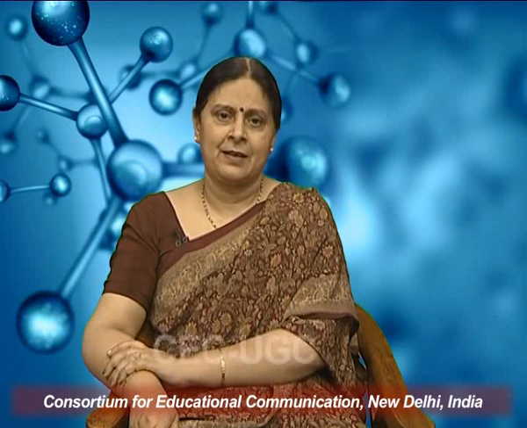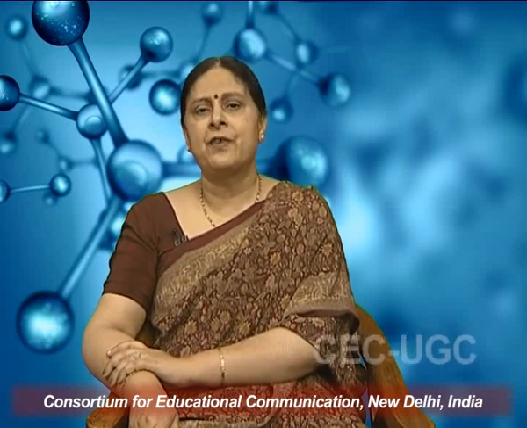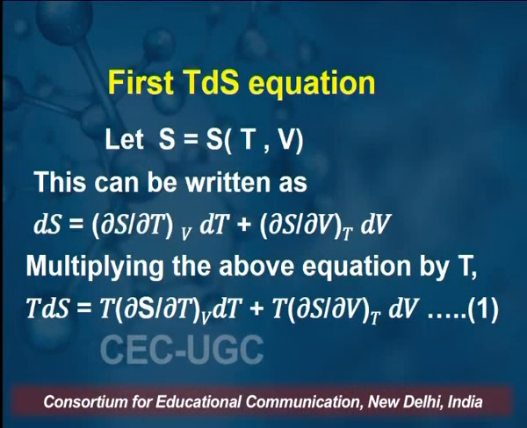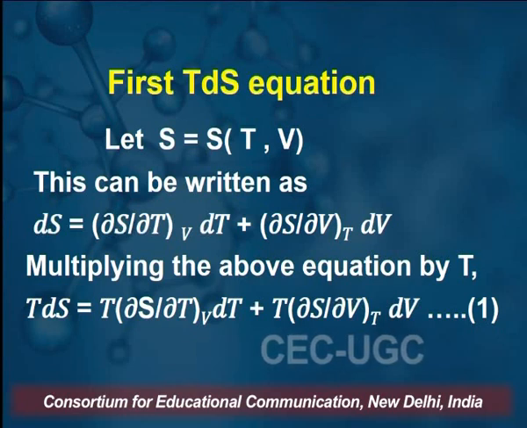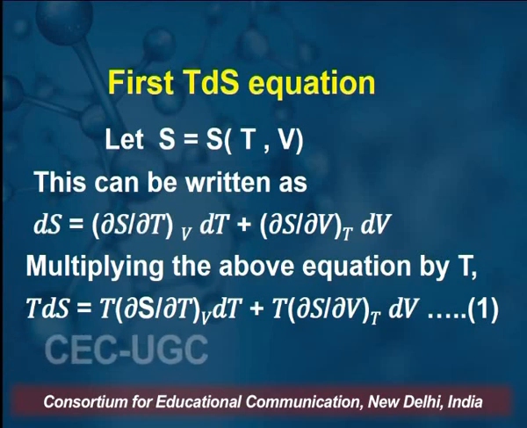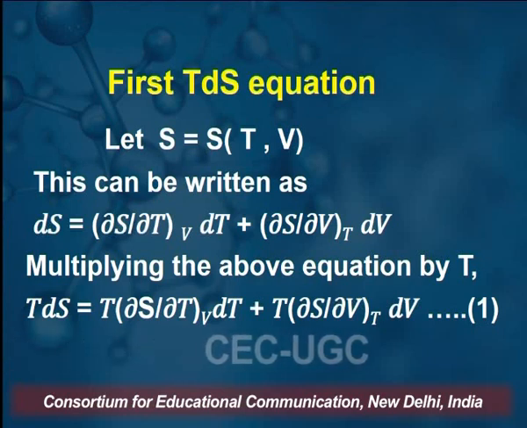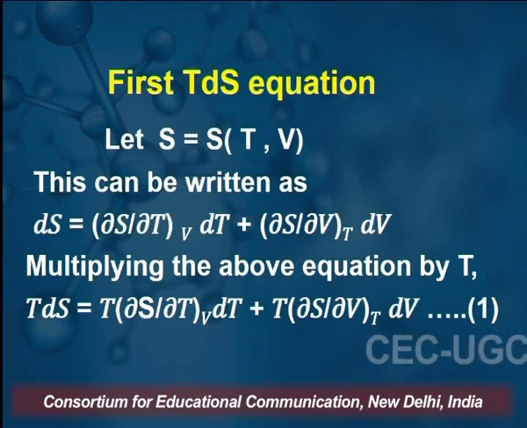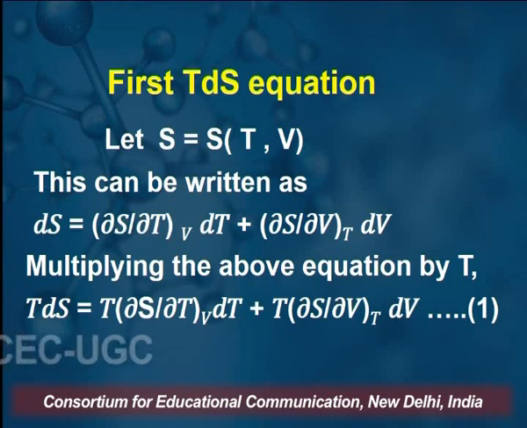So the first application is the TdS equations. To derive the first TdS equation, let us take entropy to be a function of temperature and volume. Then we can write dS as delta S by delta T at constant V into dT plus delta S by delta V at constant T into dV.